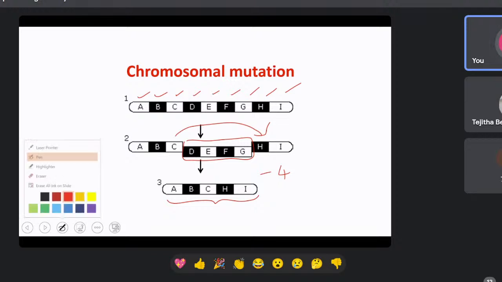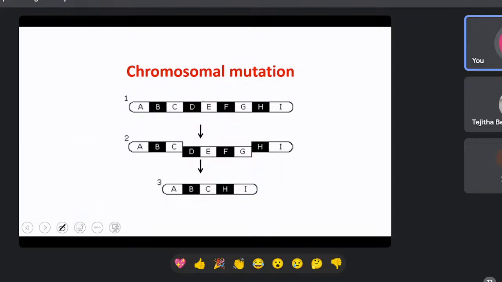Whereas the example that is shown here is intercalary deletion. Intercalary deletion.